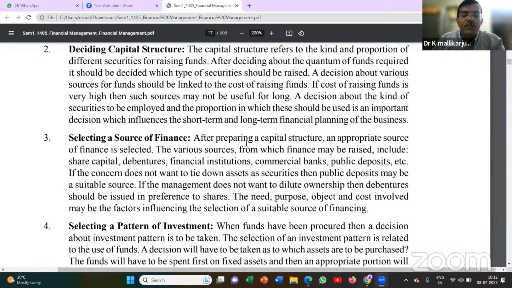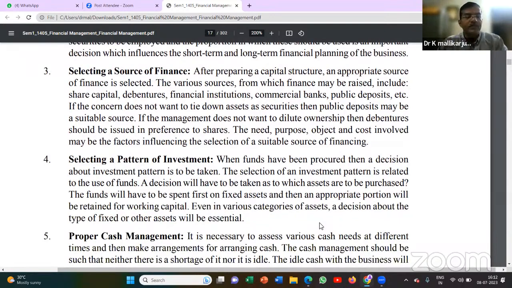See, the firm has various sources available: equity shares, debentures, financial institutions, commercial banks, and public deposits, etc. Out of which the company is selecting a good source at a cheaper cost.